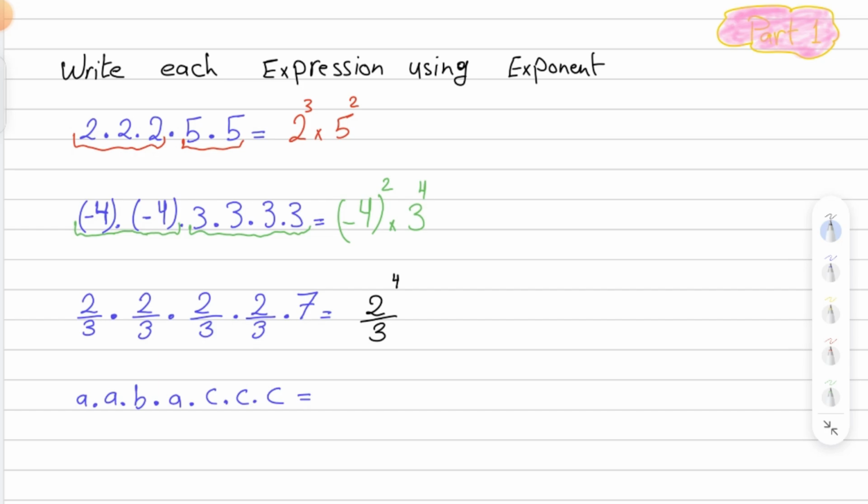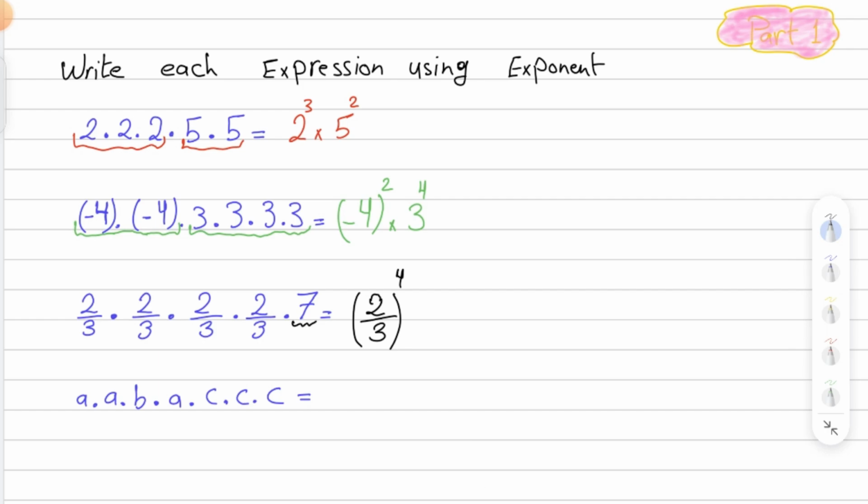Note that if you wrote your answer like this, that means that the exponent is only for the 2, which is wrong. We need to make the exponent for all of the 2/3. So what we're going to do is put parentheses. We're going to say all of the 2/3 is raised to the 4th power.